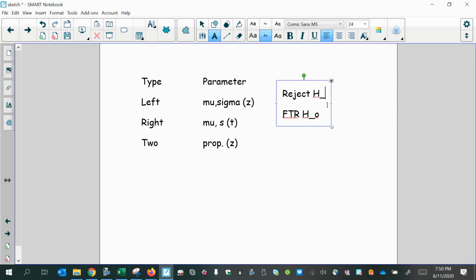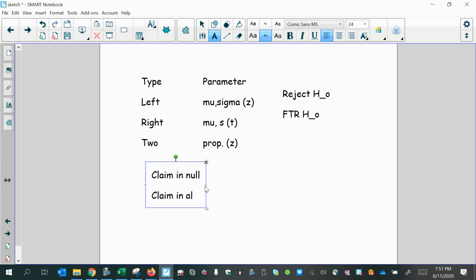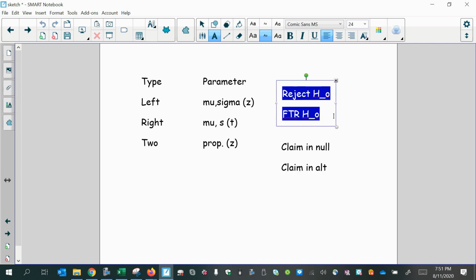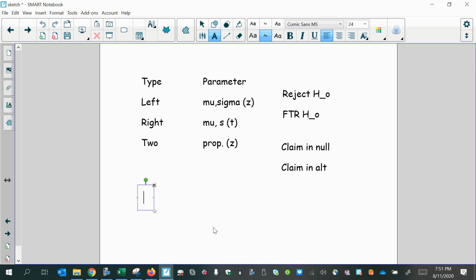And the claim could be in the null, or the claim could be in the alternative hypothesis. So that creates 4 different possible endings. So when you merge the different places your claim could fall with the decisions you could make about the null hypothesis, you can do kind of a tree diagram to see this.